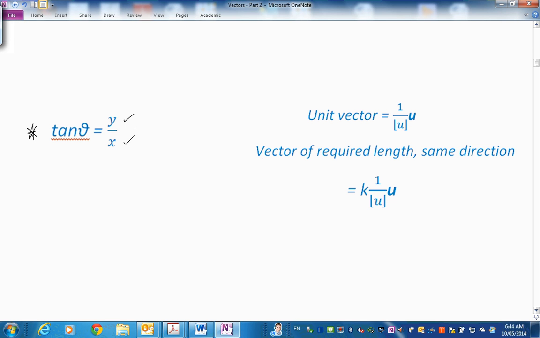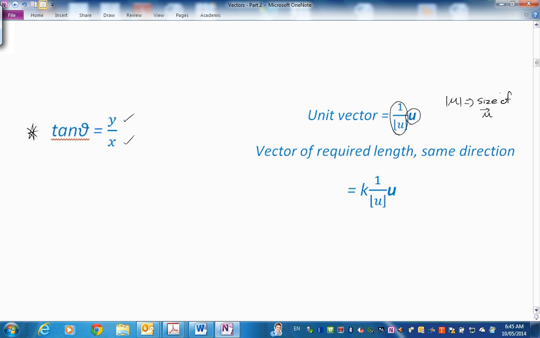The unit vector, if you want to create one in the direction of a certain vector, is that vector, which I've got in bold here, times 1 over its length, using the modulus or absolute value notation again to imply size, this time in vector land, the size of vector u. Can't do it in bold, just writing on the screen here.